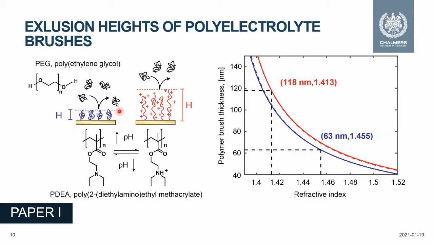We found that by using polyethylene glycol, we could achieve this and determine, for instance, for this polymer PDEAEMA, poly-2-diethylaminoethyl methacrylate, the charged brush height to be 118 nanometer and the collapsed brush height to be 63 nanometer.